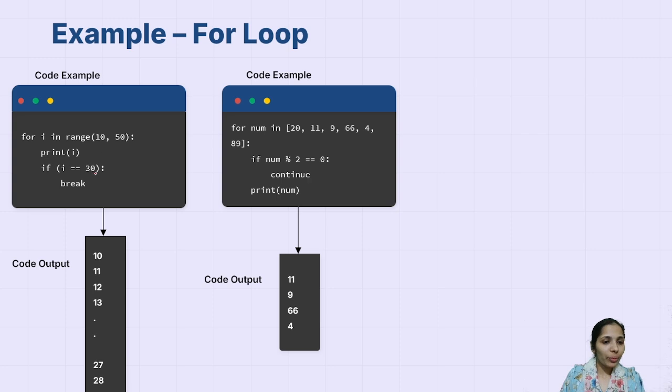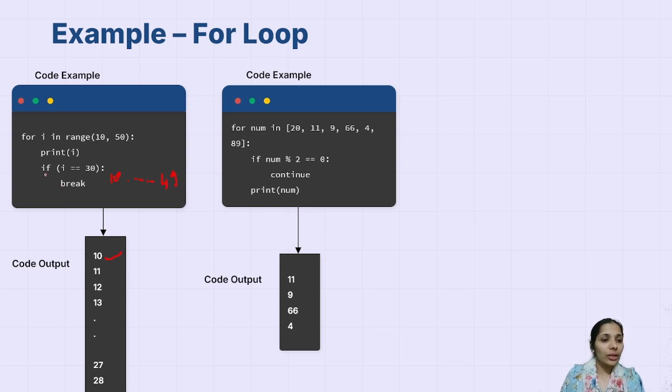But I want to print the numbers only from 10 to 30, so I want to break the loop. The loop is continuously running from 10 until 49, but I want to only print the numbers from 10 to 30.